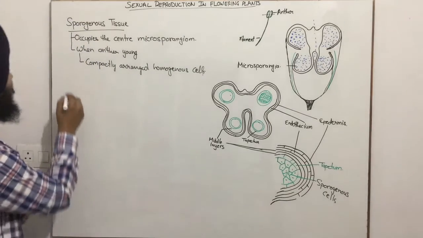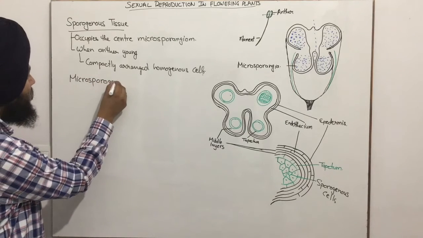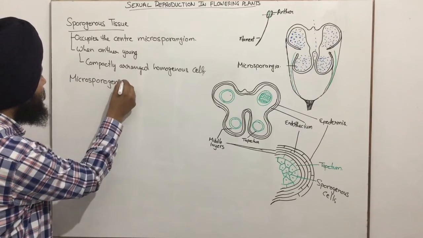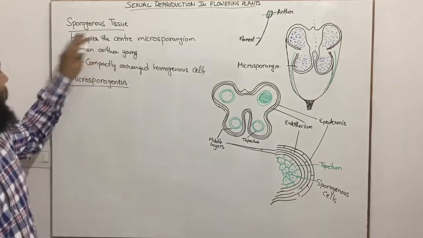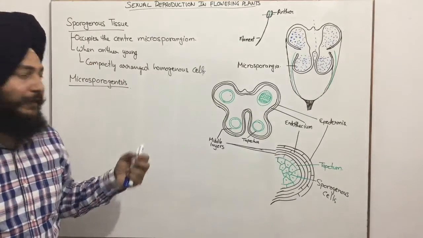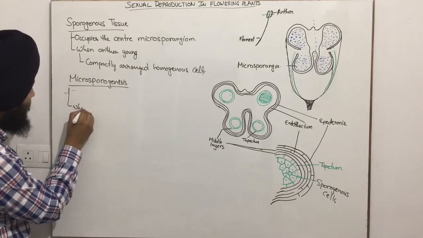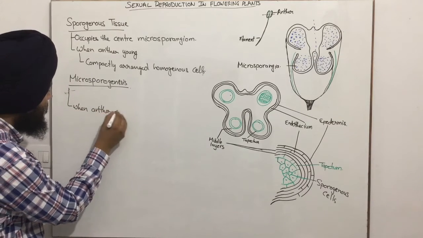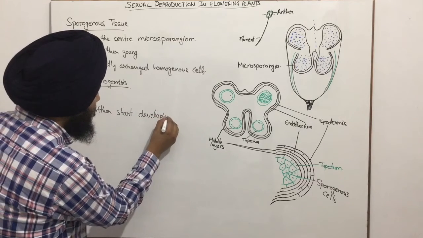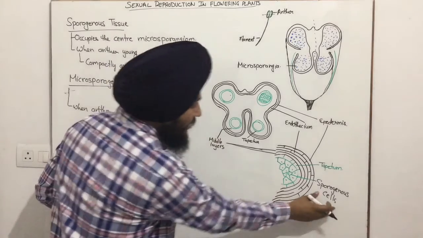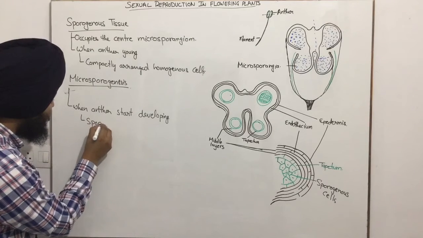So next we have the microsporogenesis. Now, when the anther is young, these cells are compactly arranged, and when the anther starts developing, these sporogenous cells undergo meiosis.